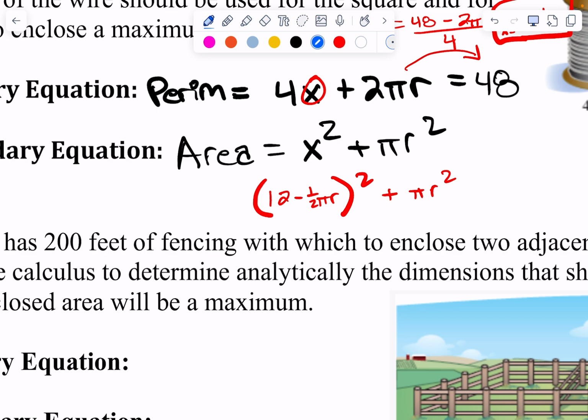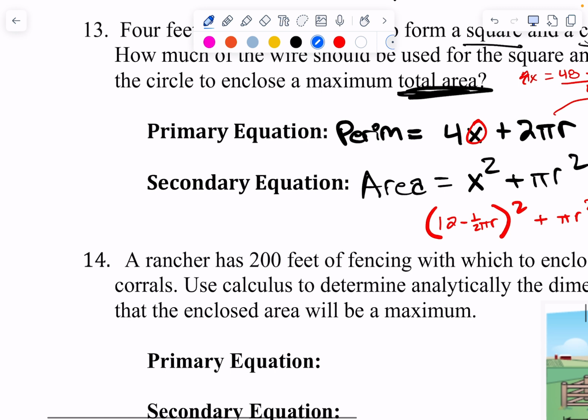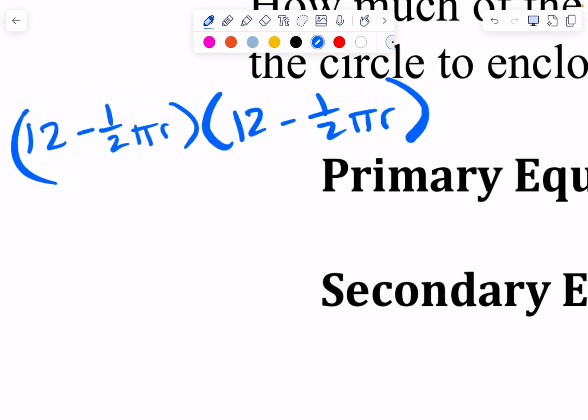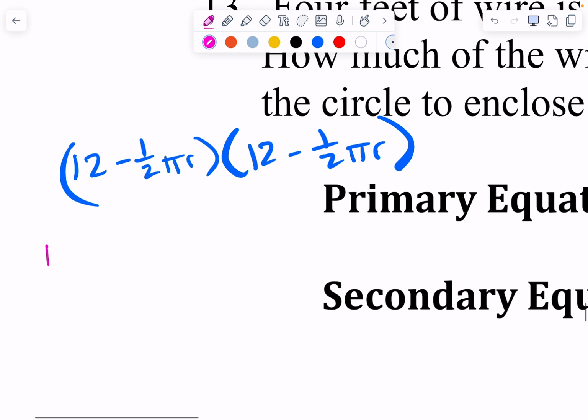Do you want to foil him before we do the derivative? Otherwise, we can do the chain rule. It might be easier to foil him first. 12 minus 1/2 pi r, right? Because he's squared, so we have to foil. 12 times 12 is 144. 12 times negative 1/2 pi r is negative 6 pi r.